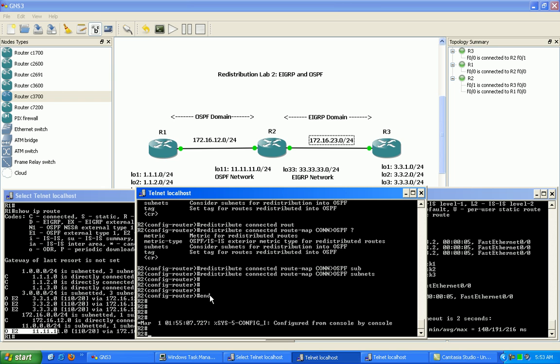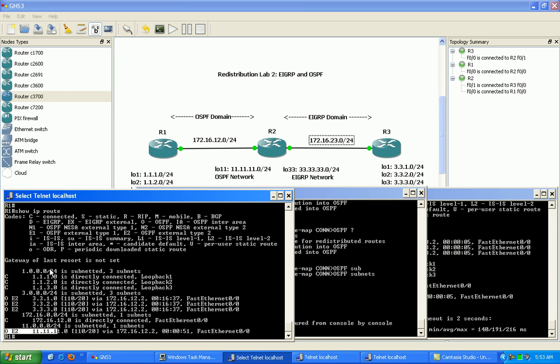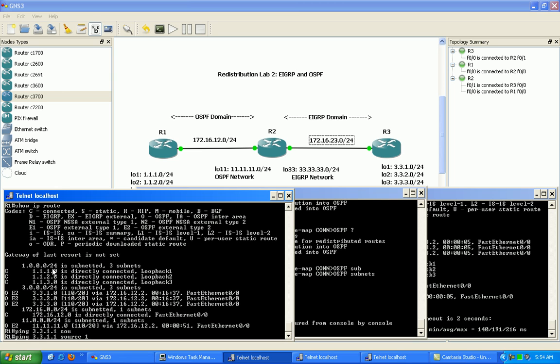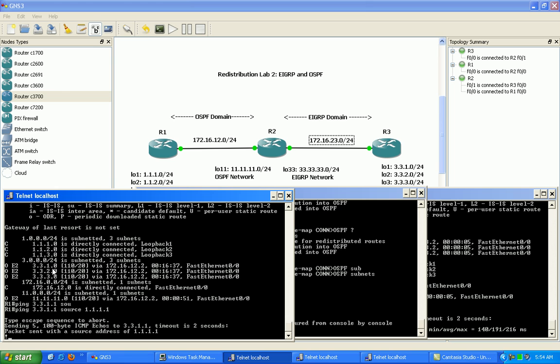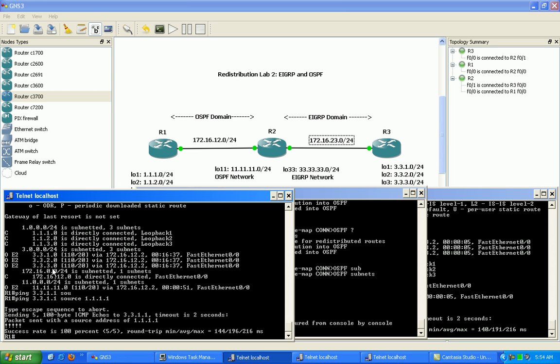So the way that we can bring this network back in, what you're going to see here is, if we just do a ping to the 3 network, you source it from our 1 network, what you can see is, there's no problem. Well, that is because, from router 1's perspective, it knows how to get to the 3 network still.